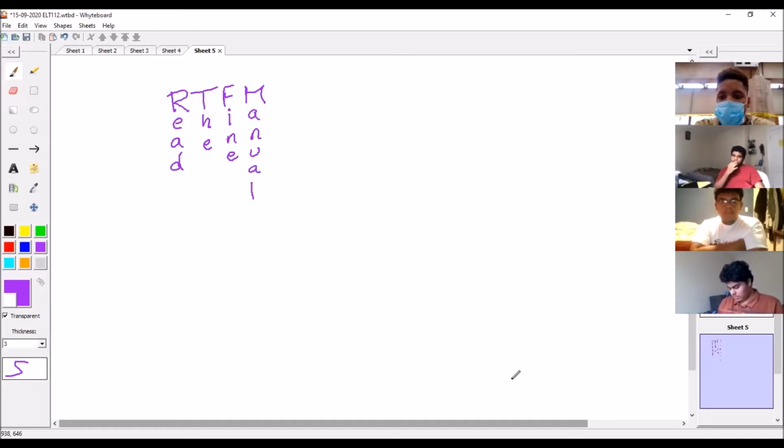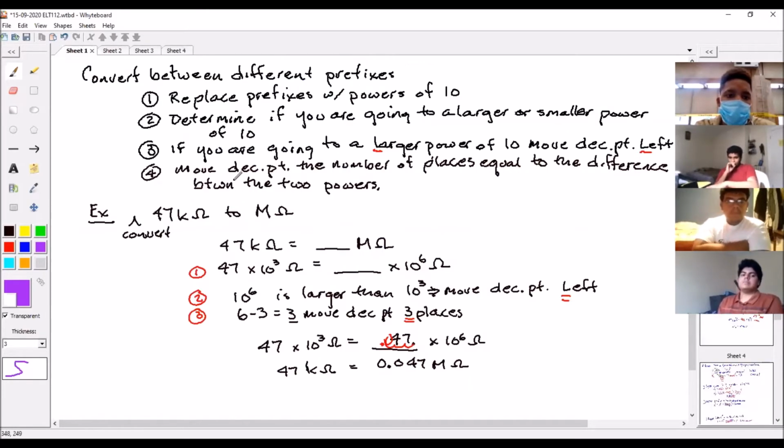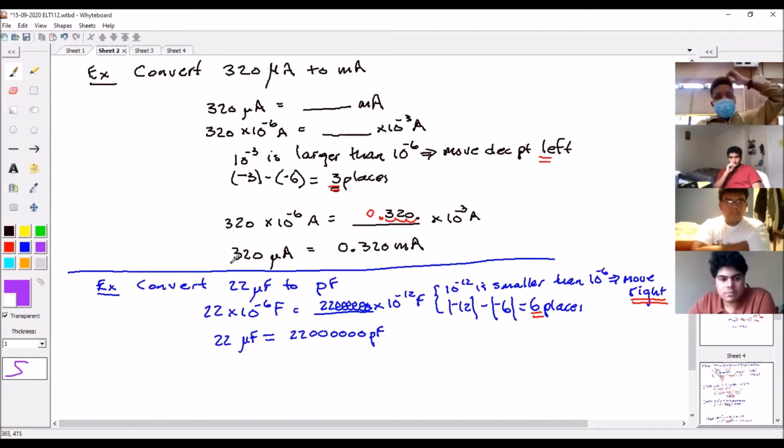So let's go back. We can get rid of RTFM because we don't need that anymore. Last week we talked about the process of converting between different powers of 10, and we did a number of examples. We said that we're going to put in the 2 powers of 10, replacing the prefixes with the powers of 10. If we're going to a larger power of 10, we move the decimal point to the left.